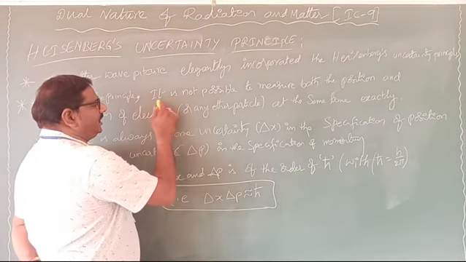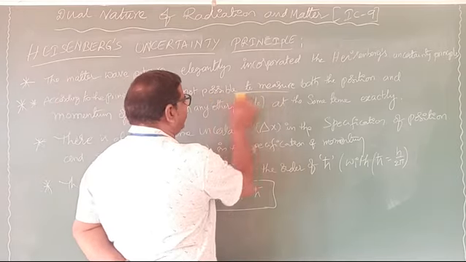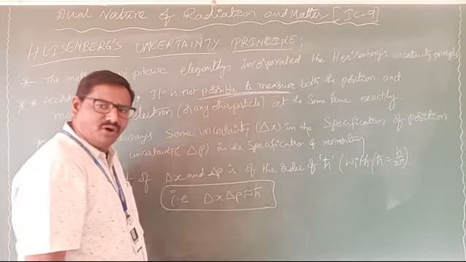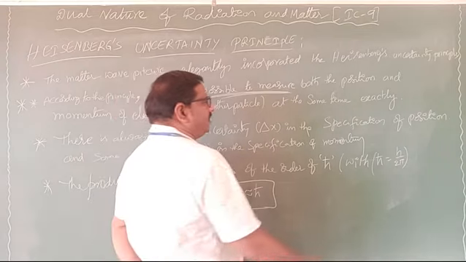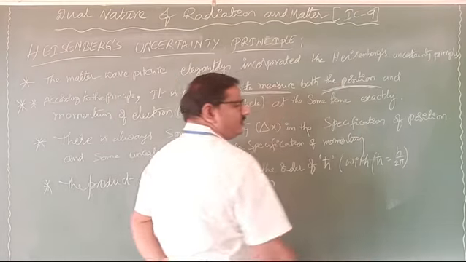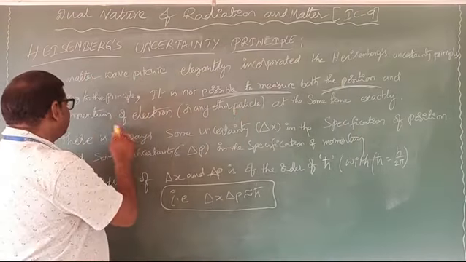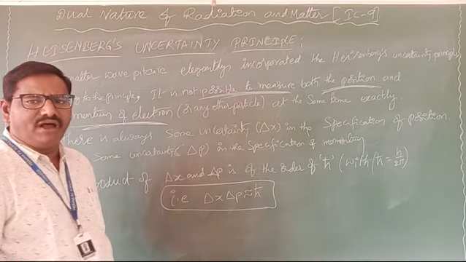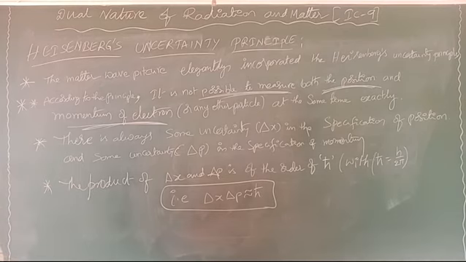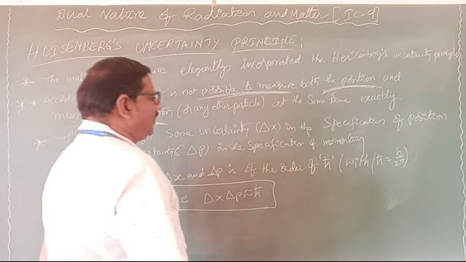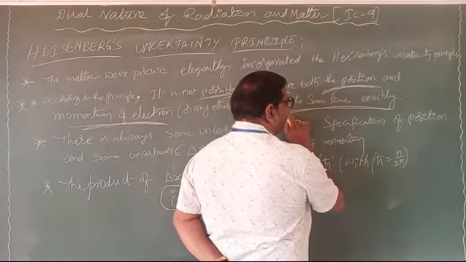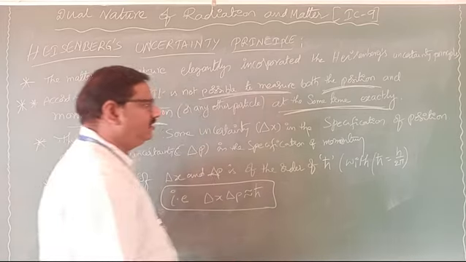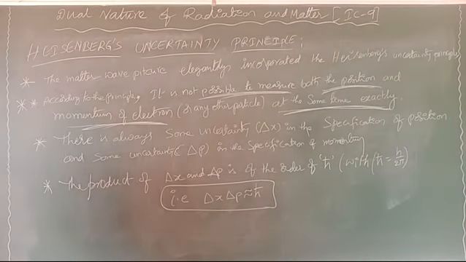It is not possible to measure both. What? One is the position, and the other is the momentum of the electron. So the electron's position and momentum, both at a time, we cannot measure exactly. That is the uncertainty principle.